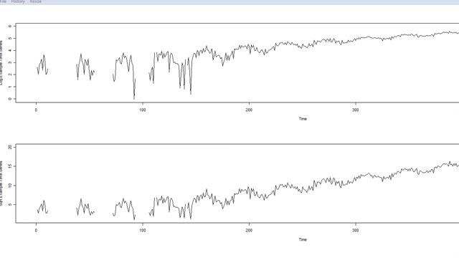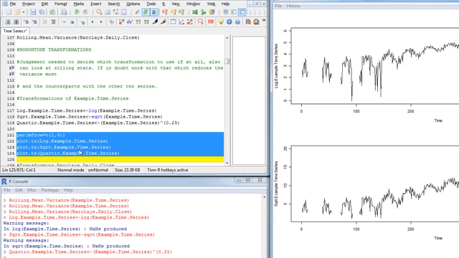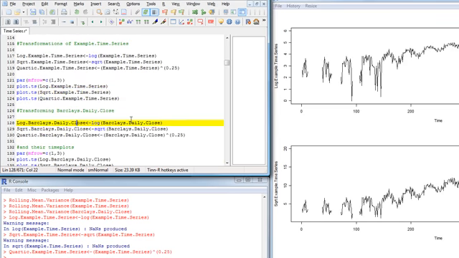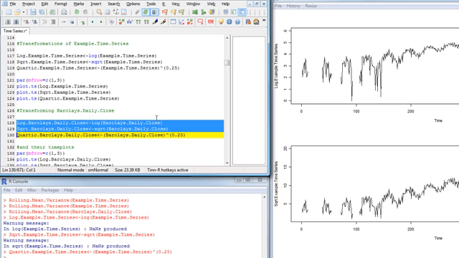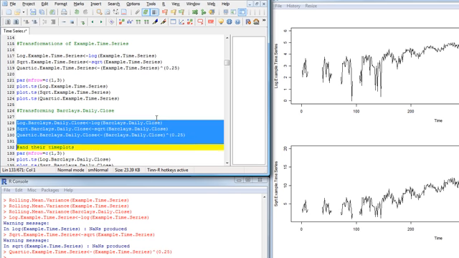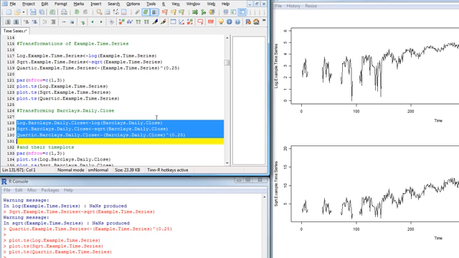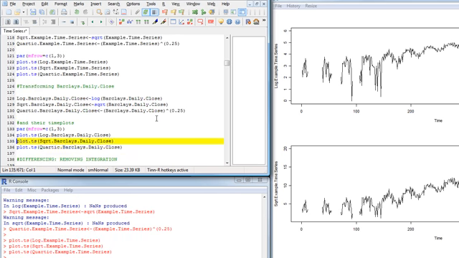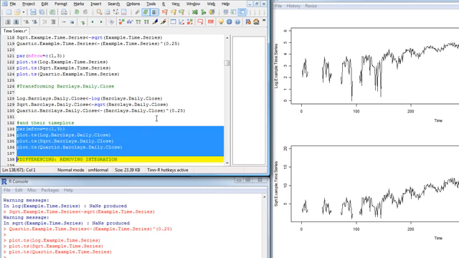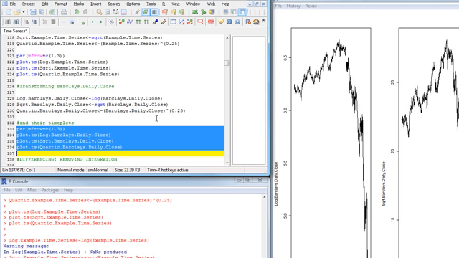And let's consider what happens with the price data. So again, looking at log, square root, and quartic transformations and their associated plots. Okay, here the story is different.